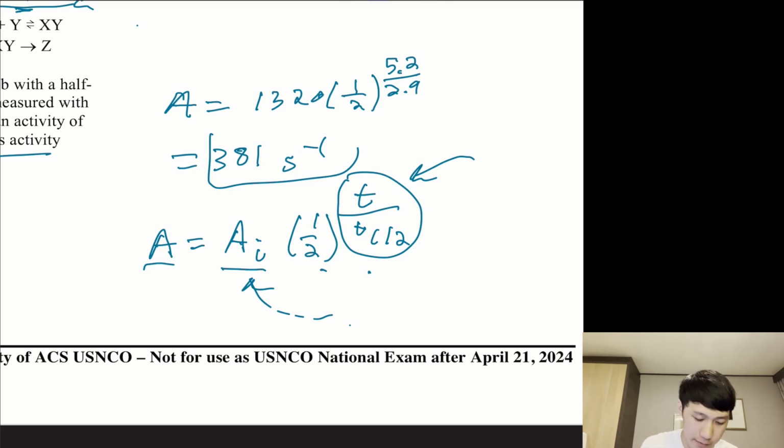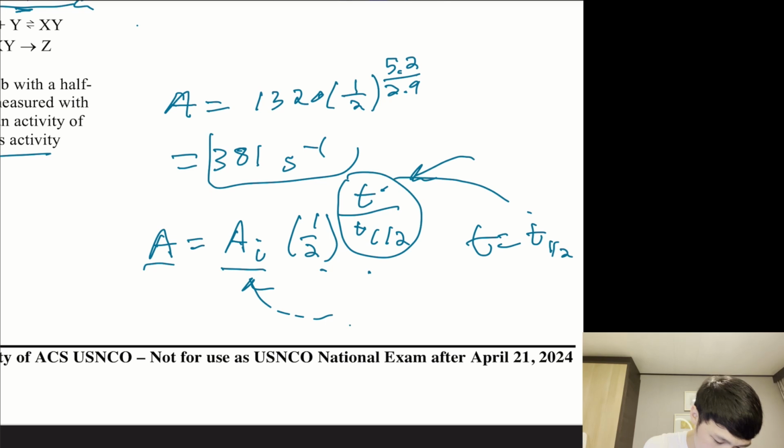Then, after 1 half-life, so t equals t 1/2, we plug in t 1/2 up here in the exponent. We're going to have t 1/2 over t 1/2, that's equal to 1. So 1/2 to the power of 1. We have A initial times 1/2 to the power of 1, which is just A initial divided by 2. And so we expect activity will halve after a half-life, et cetera, et cetera.